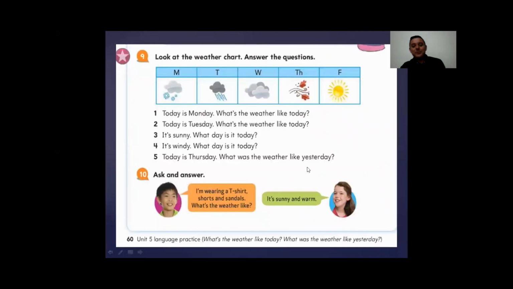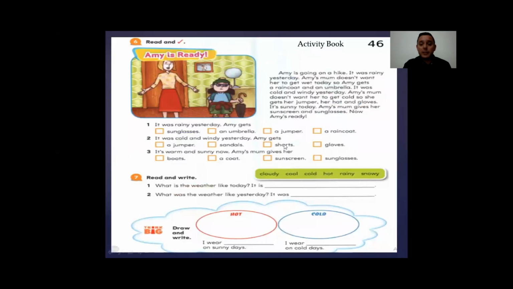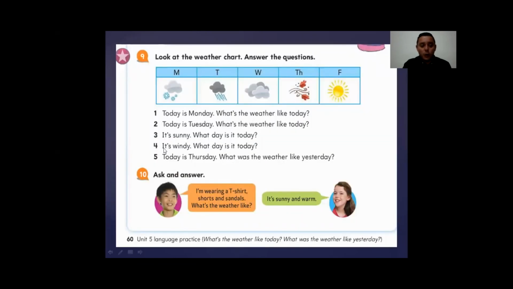So, after all these rules and the words that you know, you're going to do your pupil's book page 60 and your activity book page 46. So on pupil's book page 60, you can look at this weather chart Monday, Tuesday, Wednesday, Thursday, and Friday and answer these 5 questions. Today is Monday. What's the weather like? So look at Monday. What's the weather like?